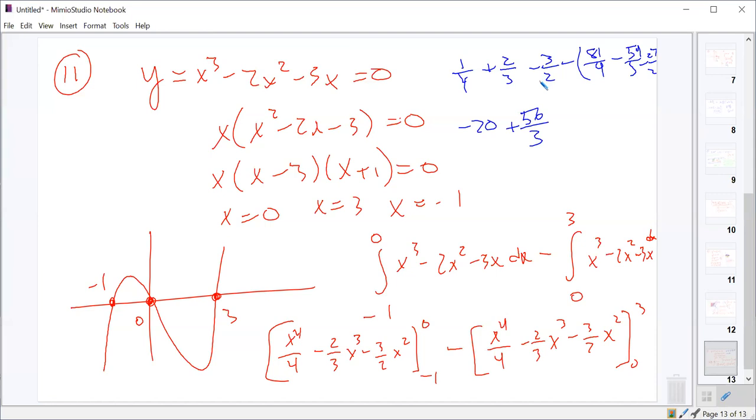We got a negative 3/2 plus a 27/2. Is that right? Yeah. So negative 3 plus your 27 ought to give you plus 24/2. So looks like we got negative 20 plus 12, negative 8 plus 56/3.